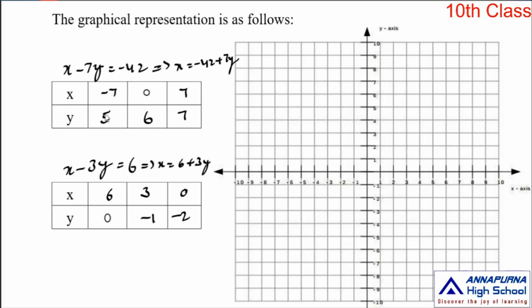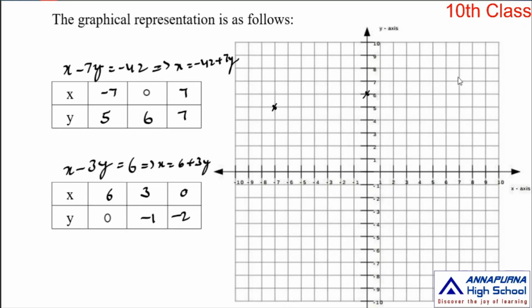Now mark these three solutions and the other three solutions on the graph paper. First, I represent these three solutions on this graph paper. The first solution is minus 7 comma 5, then 0 comma 6, and 7 comma 7.